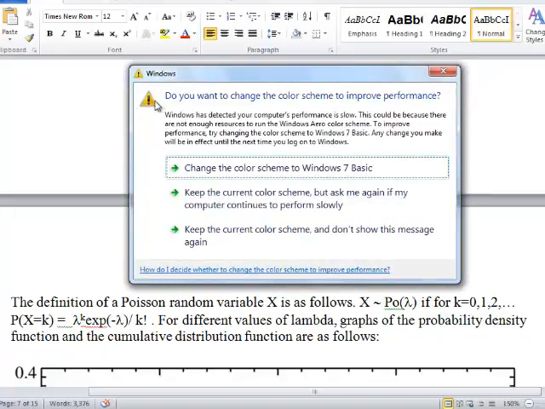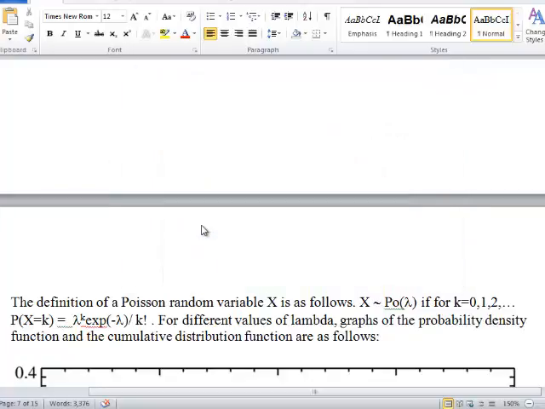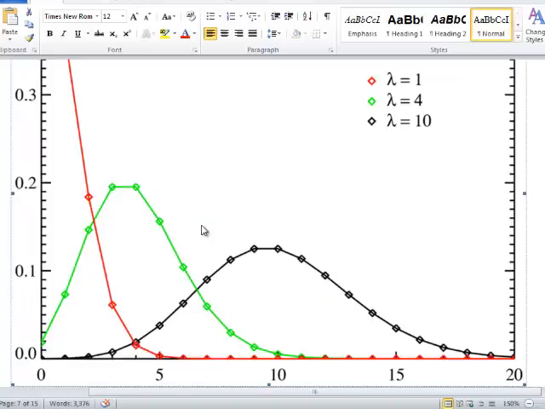Now, if you know that e to the lambda has Taylor series expansion lambda to the 0, which is 1, plus lambda to the 1 over 1 factorial, plus lambda squared over 2 factorial, and so on, then you can easily see that this density will sum to 1, because the summation is e to the lambda, and you are multiplying by e to the minus lambda, so together they will add to 1.